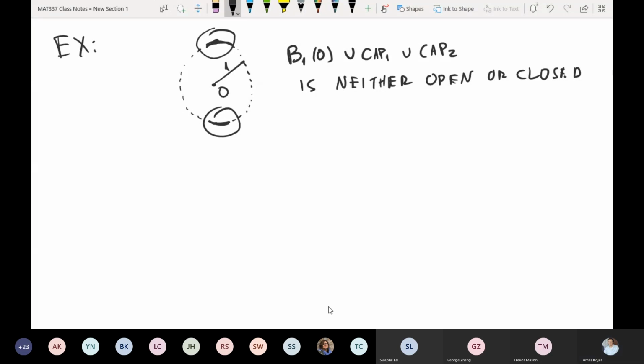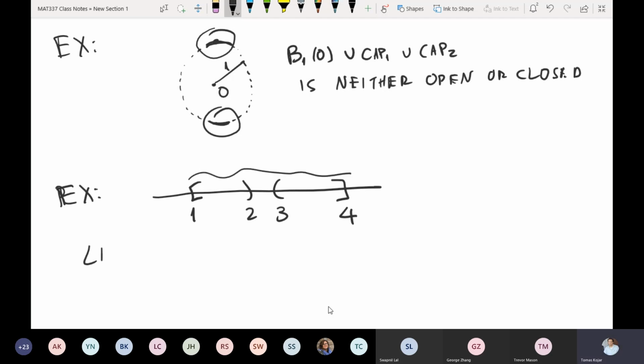Here's another example in R. Take 1, open it, 2, open it, 3, and then close it. So let S be [1, 2) union (3, 4].